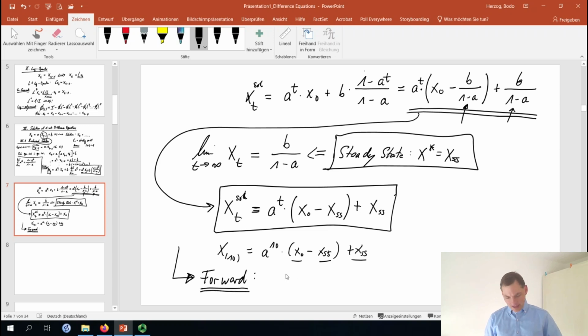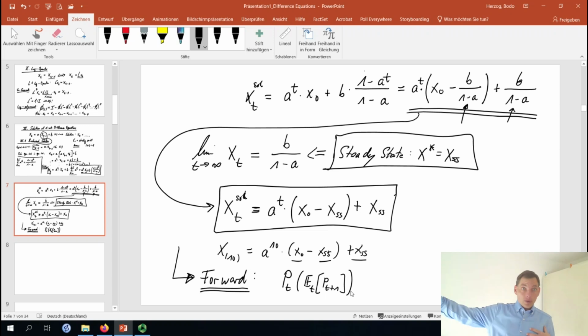The so-called forward problem. And what is the forward problem? Suppose my price today depends on the expected price, the expectations I build today, over the price tomorrow. The price of my car, of course, depends on whether I would buy it today. Well, what is the price tomorrow? Suppose the price tomorrow is lower, then of course I will not buy it today, I will buy it tomorrow.